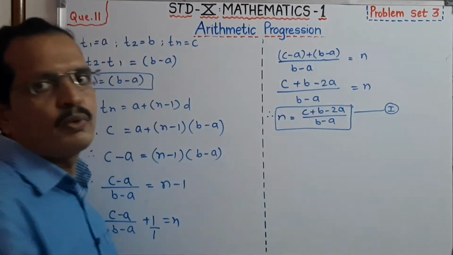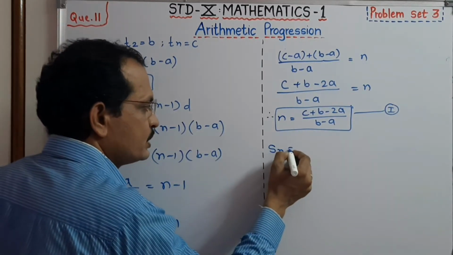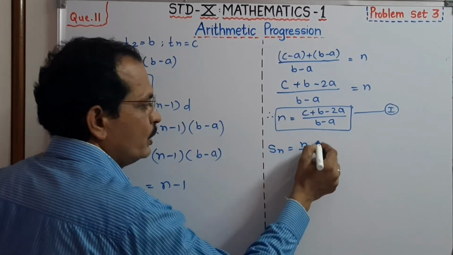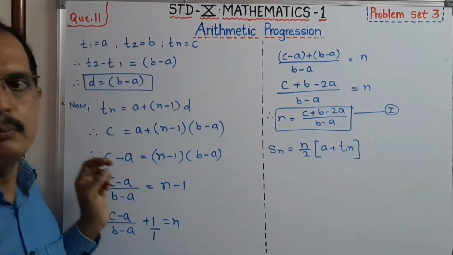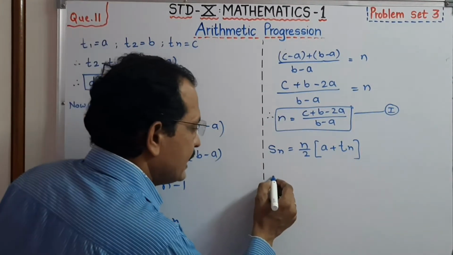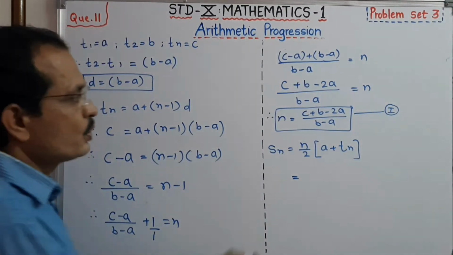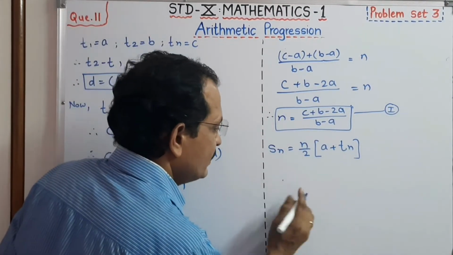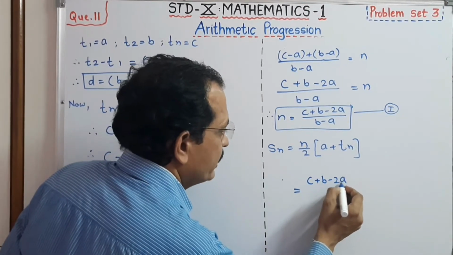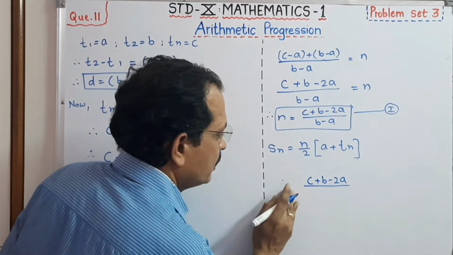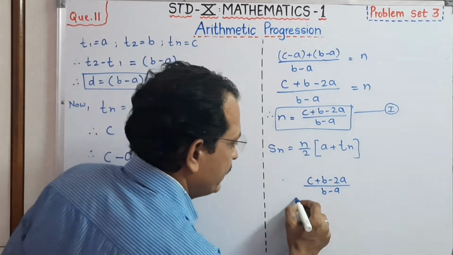Now we have to use the formula for Sn. Now Sn is equal to n upon 2 into A plus Tn. Got it? A plus Tn. Now Sn, that is sum of all the numbers. Now n is what? It is C plus B minus 2A upon B minus A. This is the value of n.